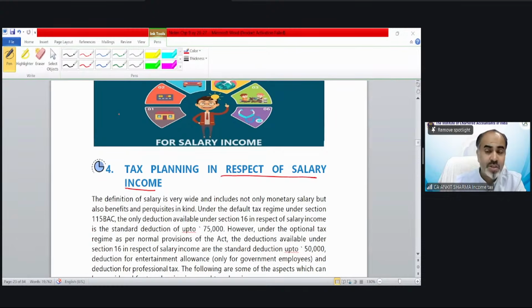And if you have a loss in a normal business, not due to section 35AD, 10AA, etc., that would be a genuine loss. In that case, your accounting also shows a loss. So if the accounts show the loss, that would be a genuine loss. We are talking about those cases in which in accounting you are showing profit and in income tax you are showing loss due to these deductions.